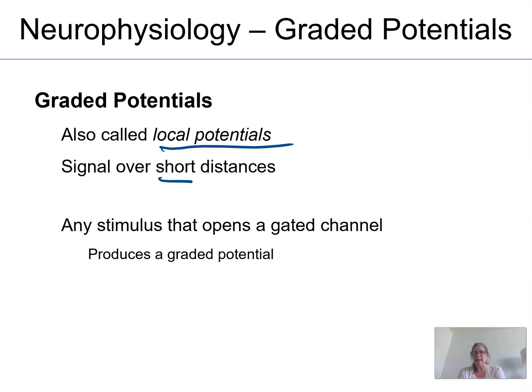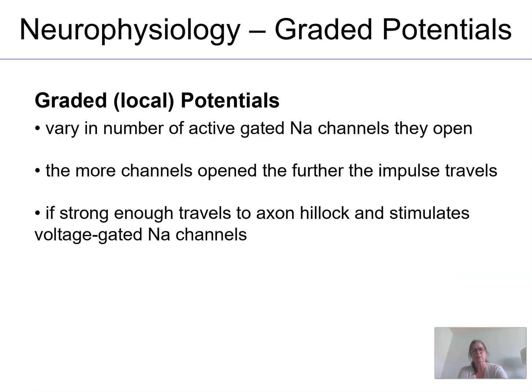Anything that opens a gated channel is going to cause what's called a graded potential. They're graded because these are dependent on stimulus strength. You might say, well, you said there's an all or none law. There is for an action potential, but these are graded potentials because they are dependent on the stimulus.